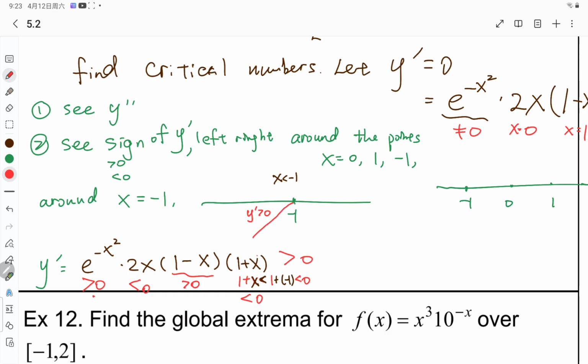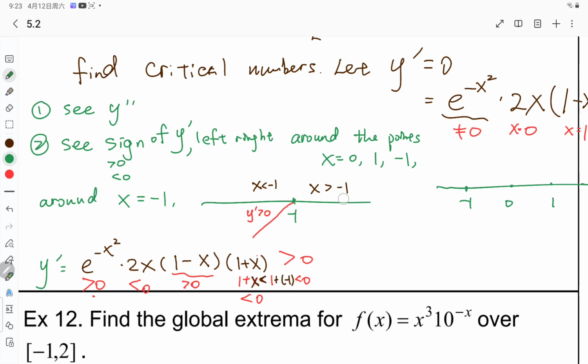And then what about on the right? So x is greater than -1, right? We just do it manually, so it's nothing too complicated. Just see the sign of y prime.